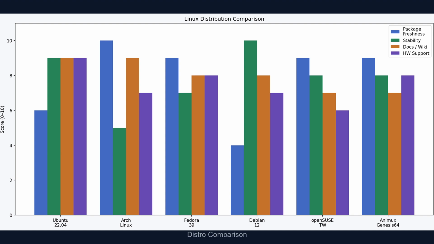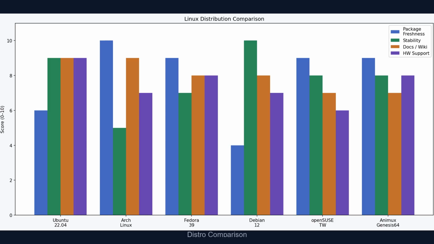Debian 12 leads on stability, the most important dimension for a distribution that needs to build reliably across many machines and survive long-running compilation jobs. Ubuntu 22.04 leads on documentation, which matters for a project where the build assistant needs to surface accurate, well-sourced guidance.